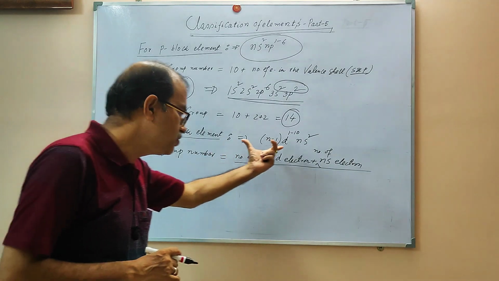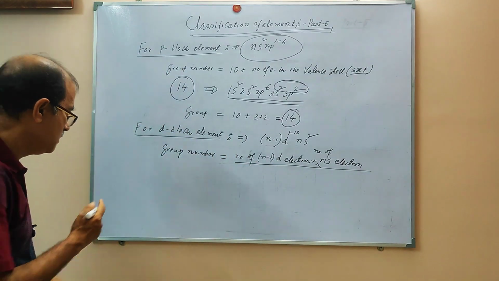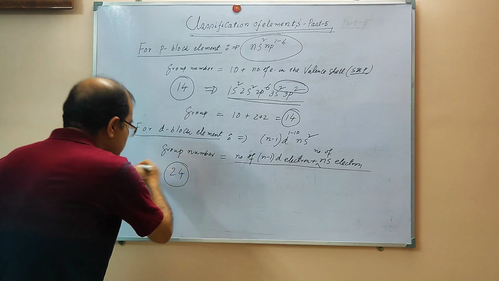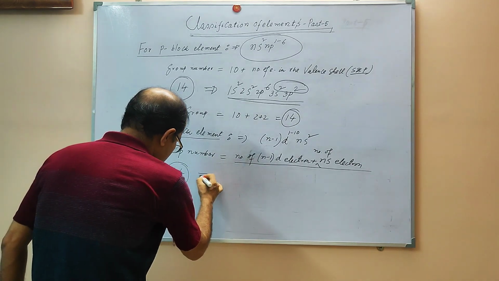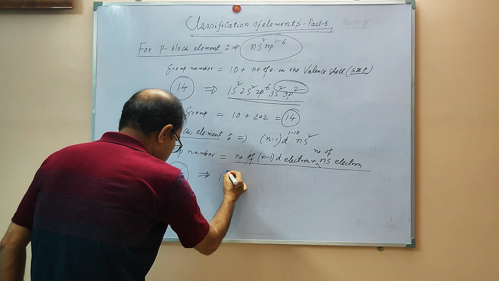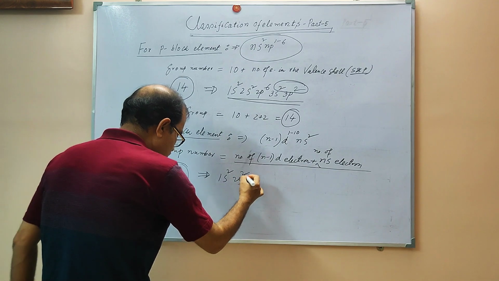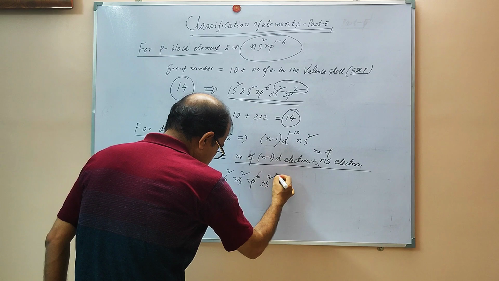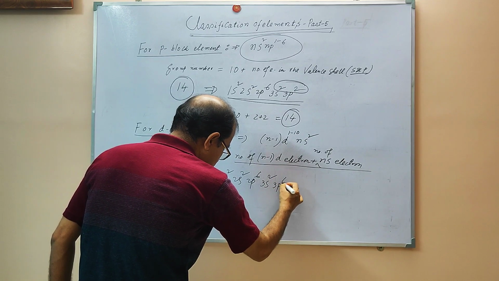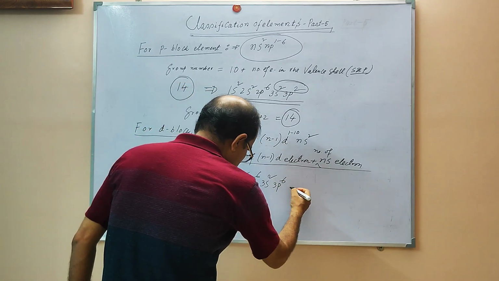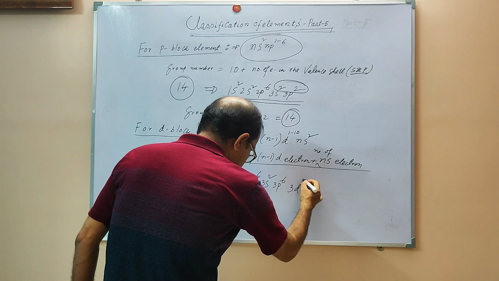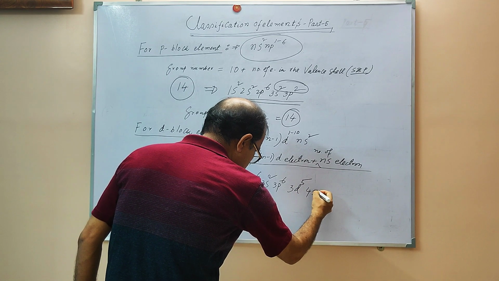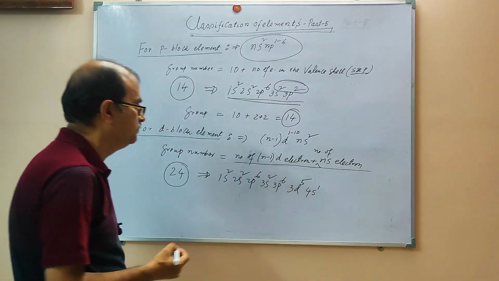And this is the outside shell electronic configuration. Let us understand with an example: suppose its atomic number is 24. So its electronic configuration will be 1s2, 2s2, 2p6, 3s2, 3p6, then 3d5, 4s1.